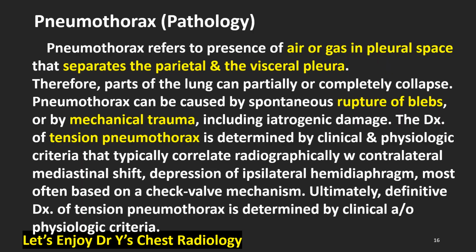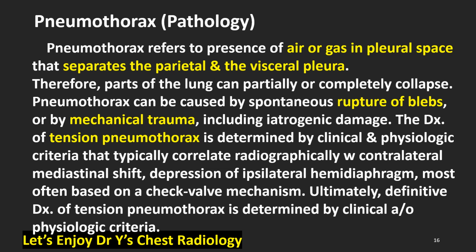Pneumothorax pathology. Pneumothorax refers to the presence of air or gas in the pleural space that separates the parietal and the visceral pleura. Therefore, parts of the lung can partially or completely collapse. Pneumothorax can be caused by spontaneous rupture of blebs or by mechanical trauma, including iatrogenic damage.